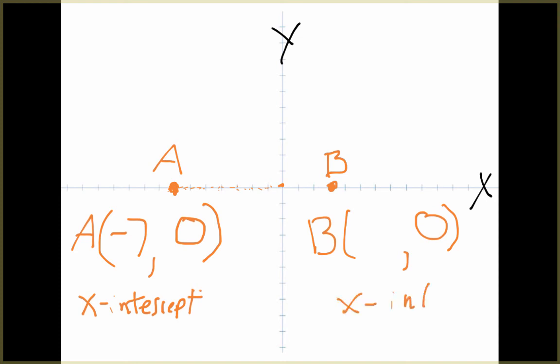Clearly, all I need to do is start at the origin and count over to that point B, because I'm already going to land on it. 1, 2, 3. I went 3 units to the right. If I go to the right, my x is positive. If I go left of the origin, my x is going to be negative.